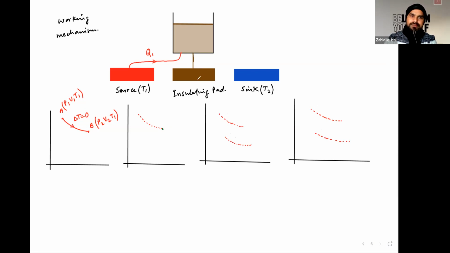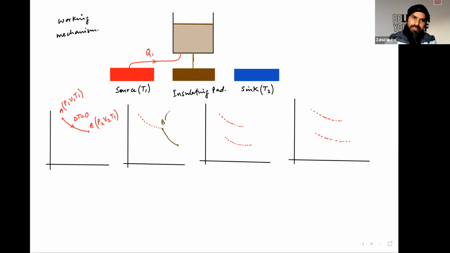Since there is no heat in this particular insulating pad, it acts as an insulating shield to this particular system. So there will be no exchange of heat between these two parts. So at this point, an adiabatic process will take place.